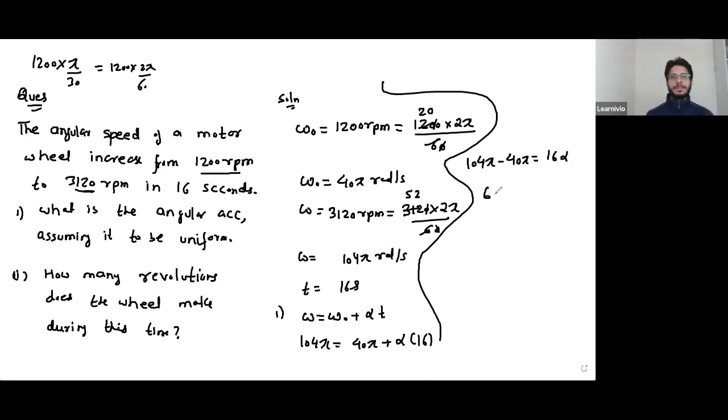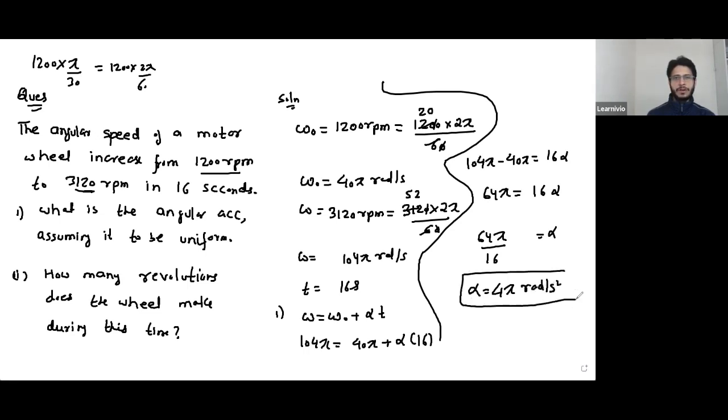So this will be 64 pi equals 16 alpha, and alpha is 64 pi by 16. Your alpha comes out to be 4 pi radian per second square. So that is alpha, 4 pi radian per second square.